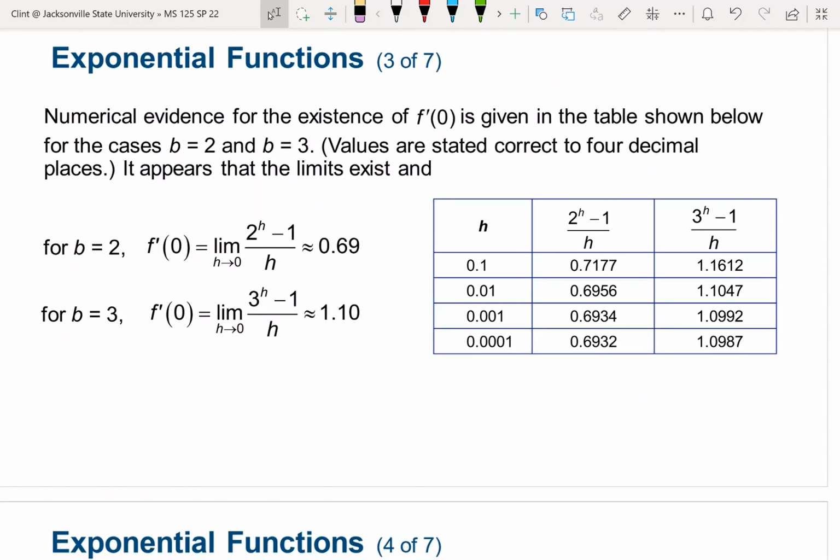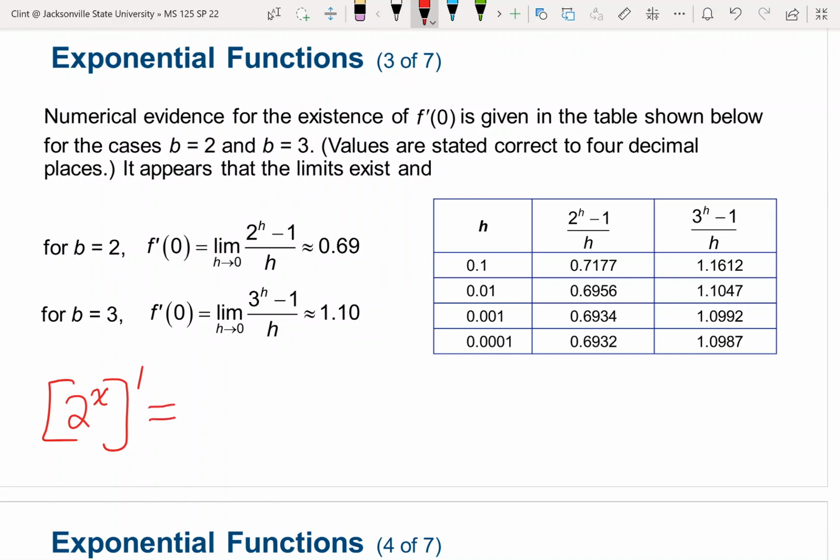Let's think about that for a couple of values for b. Here we're thinking about b being 2, so 2 to the x is our function. Then f prime of 0, this limit, would be about 0.69. The derivative of 2 to the x, I don't think they spell that out real well here, we said it's going to be f prime of 0 times itself.